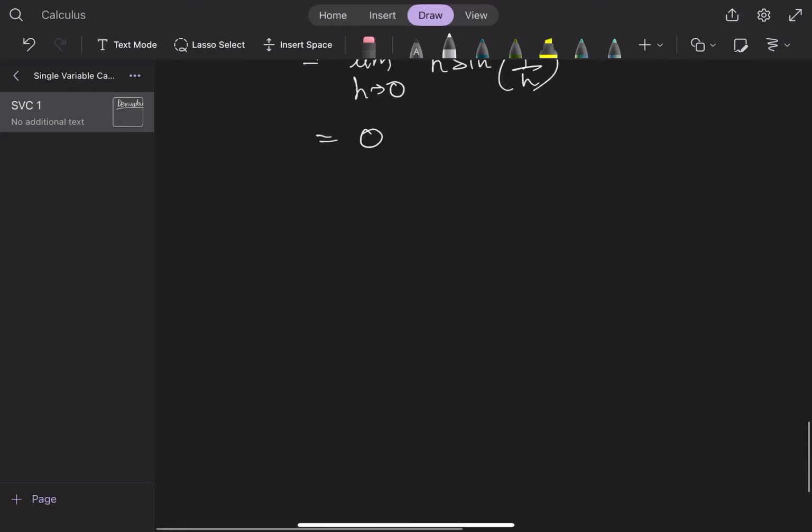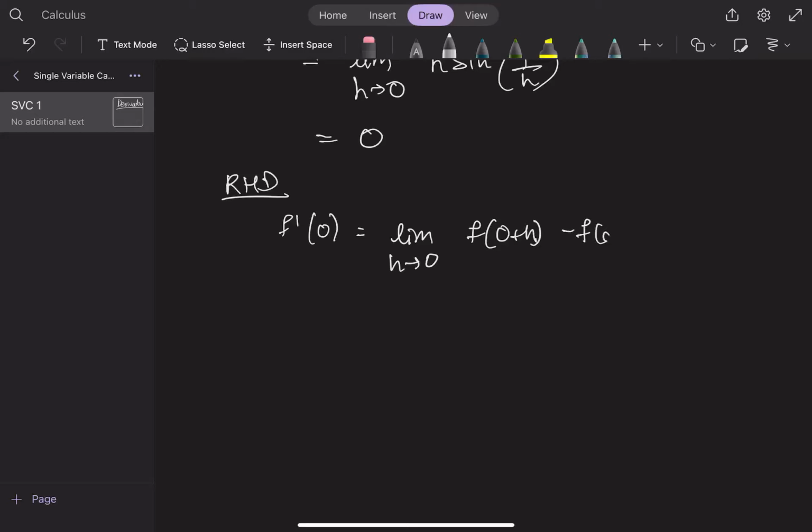Now let's check for your RHD. So f dash 0, limit h tends to 0, becomes f of 0 plus h minus f of 0 divided by h. This is limit h tends to 0 f of h divided by h.